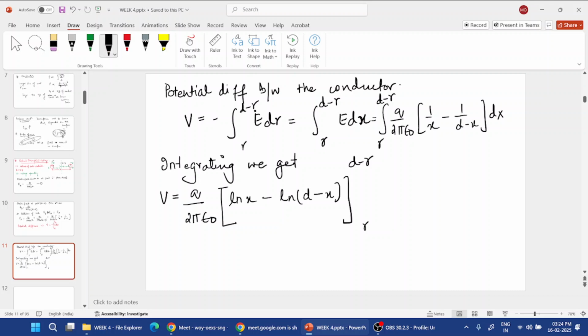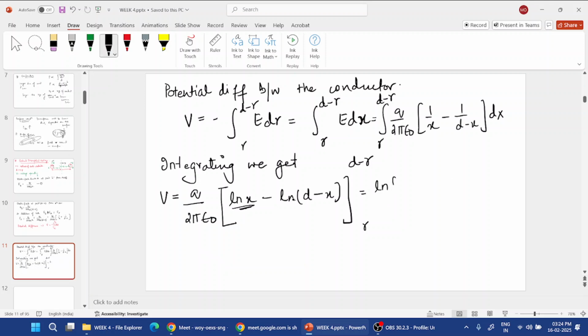Okay, so here if we put this in this expression and simplify that, you will get Q/(2πε₀) · 2 log((d−r)/r). Like here, first we will put the limits in the log, let me solve it for you, it will be easier.